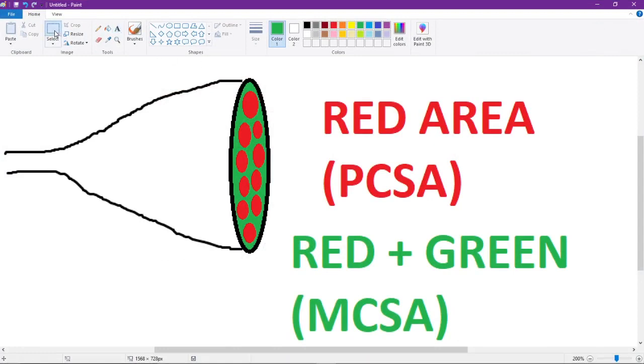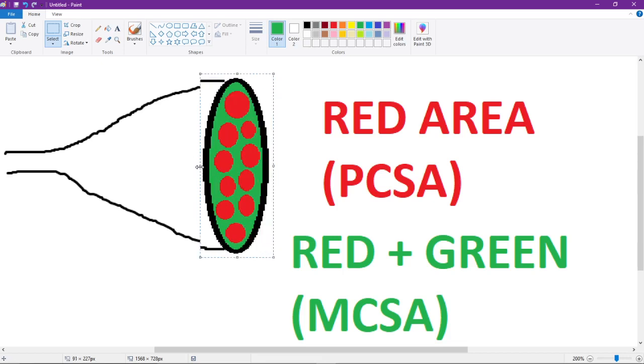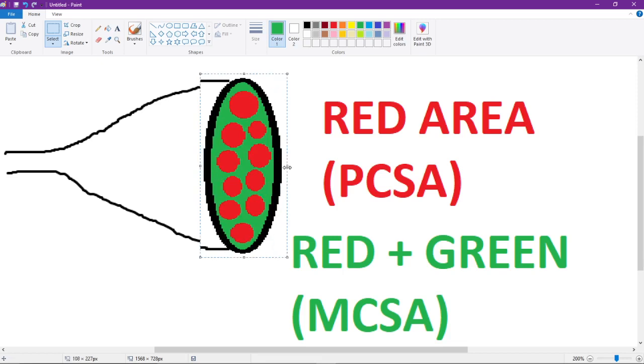Suppose I take this particular part and I pull this part just like this. Now it is broader. Okay? Now, if it is broader, what will happen? The number of the muscle fibers, small muscle fibers, I'm just making a muscle fiber.